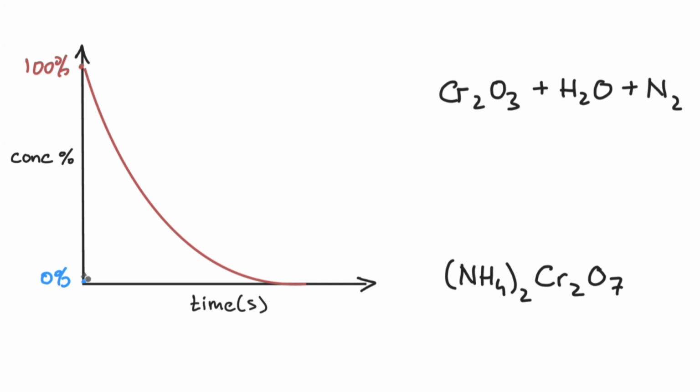And the concentration of our product will increase at the same time till it reaches 100%. So we can draw here. Finally, we'll have 100% of chromium trioxide, water and nitrogen, and 0% of ammonium dichromate, because all the ammonium dichromate will move to the form of the ash.